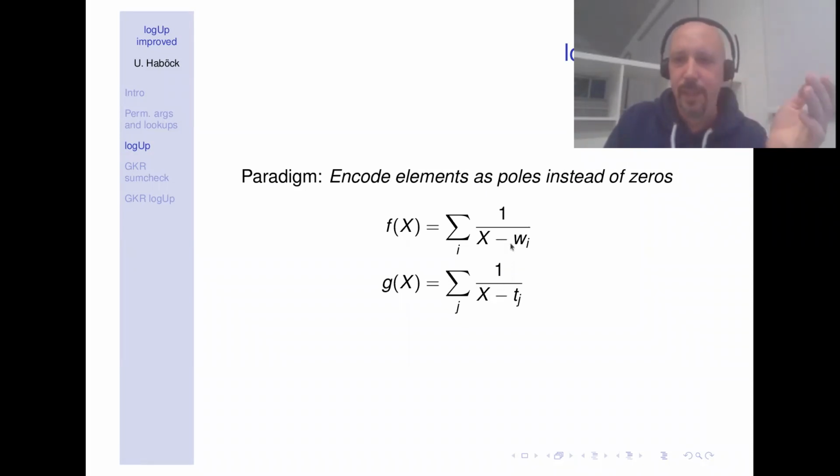And the nice thing about poles is that multiplicities are not in the exponent, they're not powers of linear factors corresponding to roots. Multiplicities are now just scalars for how often the pole is taken. So poles just sum up in the fractional setting, that's easy.